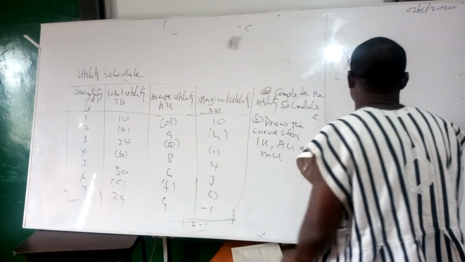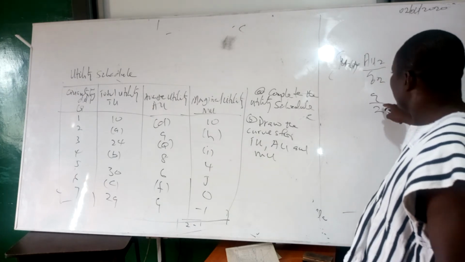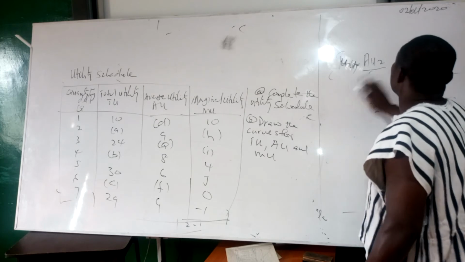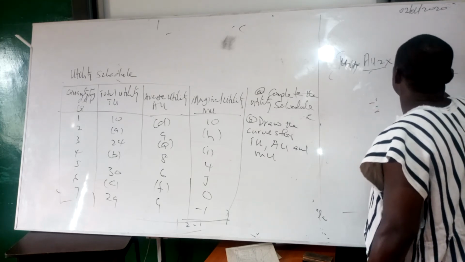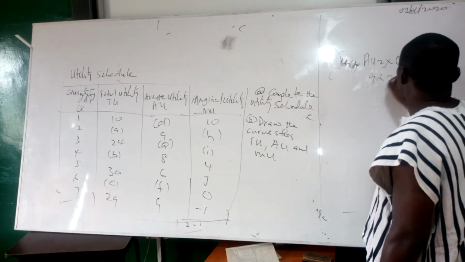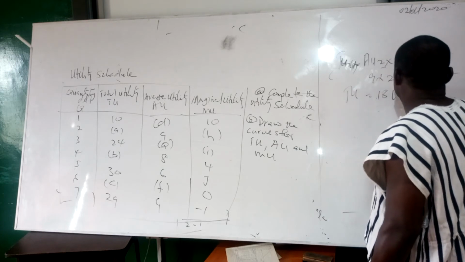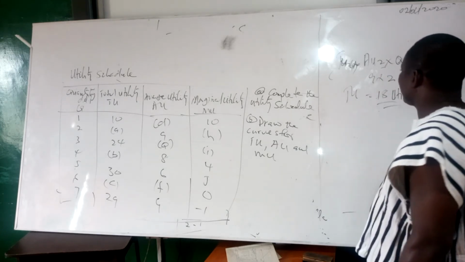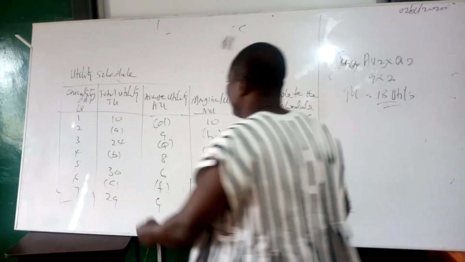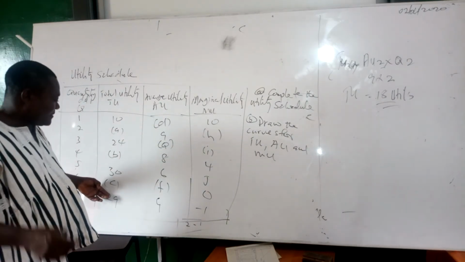AU2 is equal to 9, and then quantity 2 is equal to 2. Therefore, we have AU2 times Q2. So 9 times 2 will give us 18 utils for A. Now, this one you should solve yourselves.